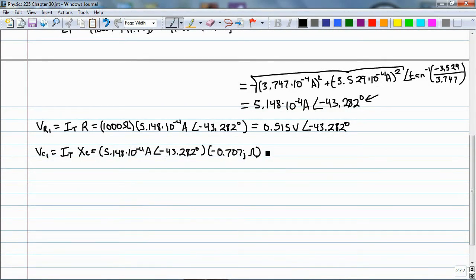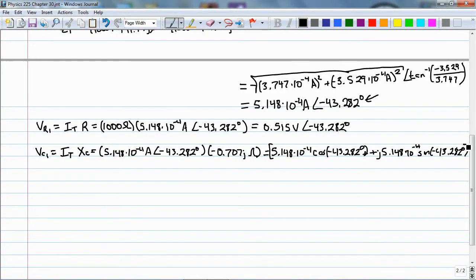and I can convert this phasor, and that's in amps.